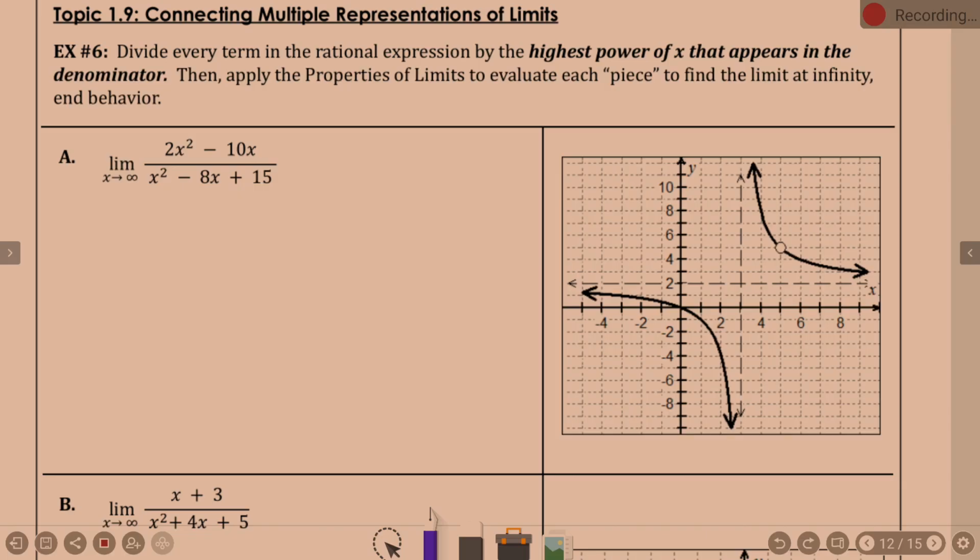So, okay. Example 6. It talks about dividing every term in the rational expression by the highest power of x that appears in the denominator. Then apply the properties of limits to evaluate each piece. Define the limit at infinity behavior. But yet, they give us a graph.